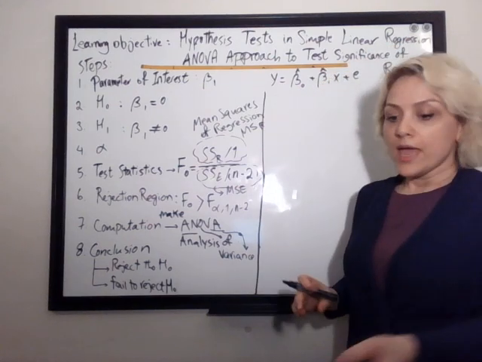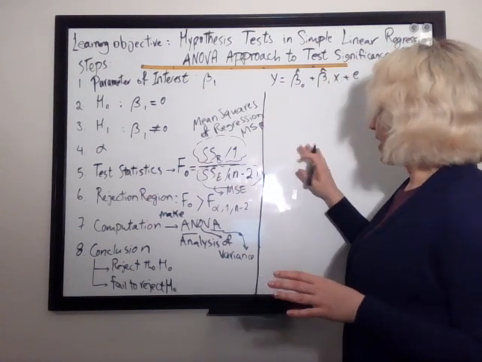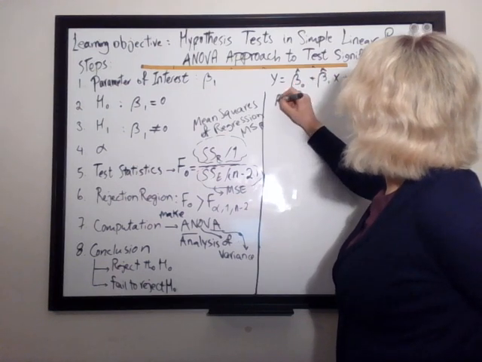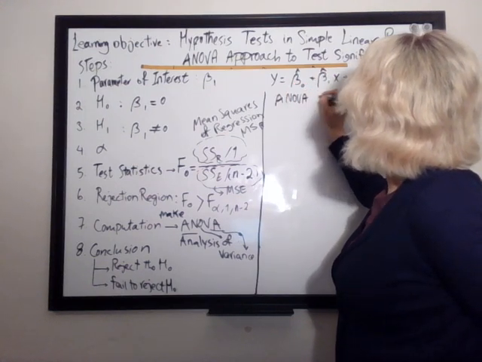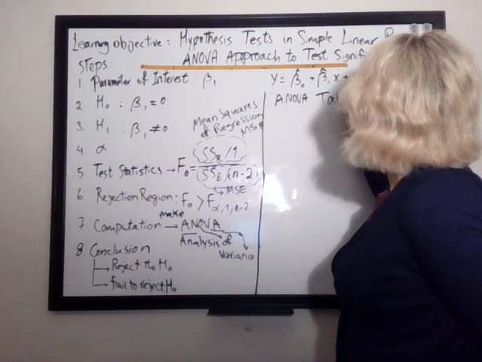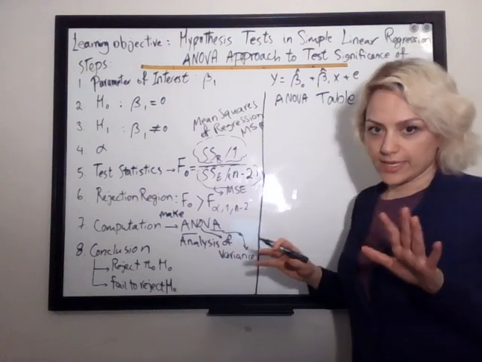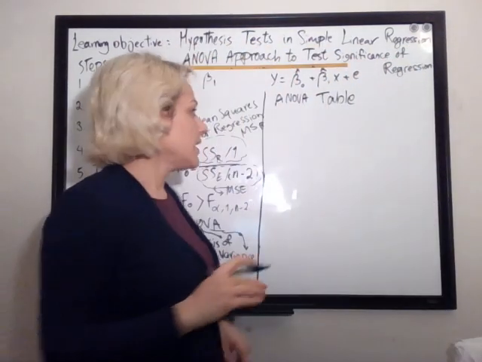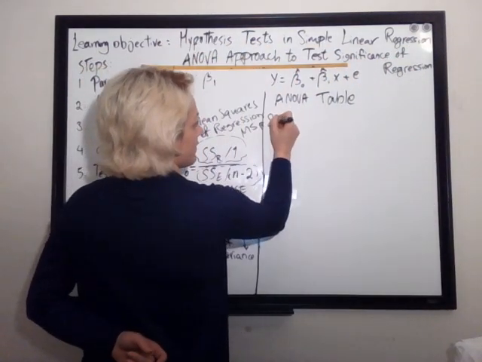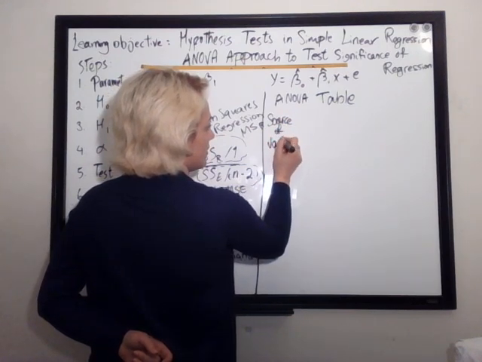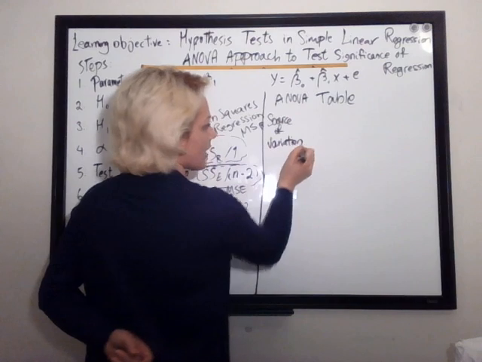Here we want to work on the ANOVA table, so I would write down ANOVA table. We want to construct our ANOVA table. I said that it has 5 columns. The first one is the source of variation. What does it mean?